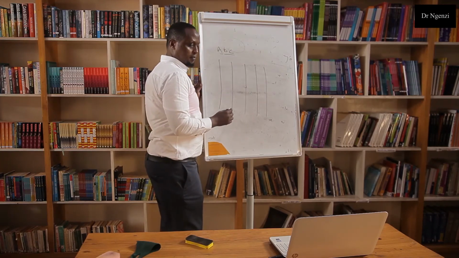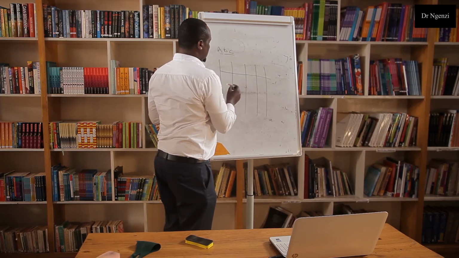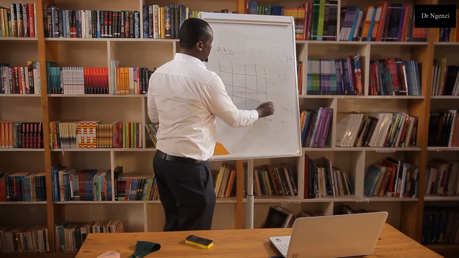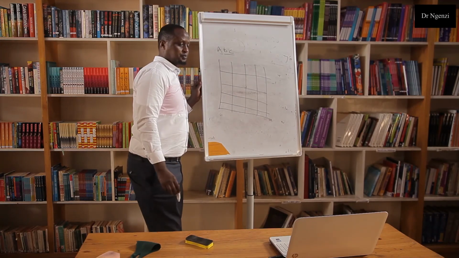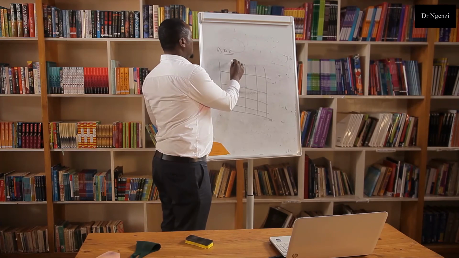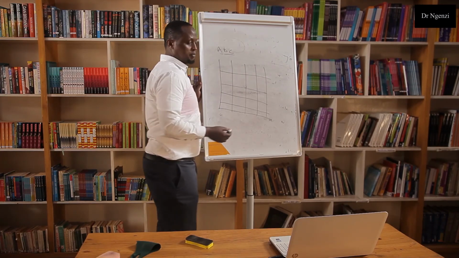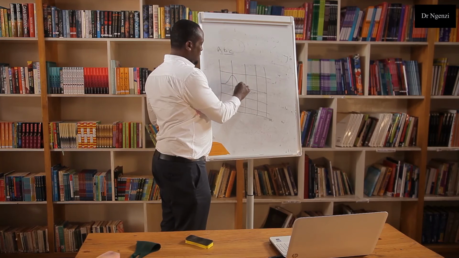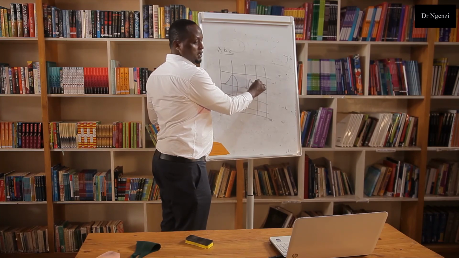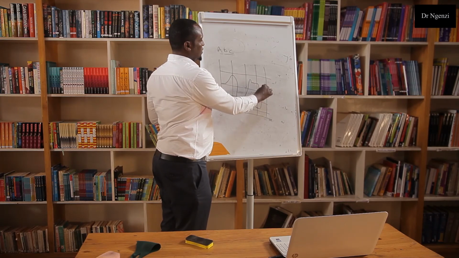Then you have some of the values here. Let us begin at this stage. The signal can move like this, then it goes like this, then it undergoes some change here, and so on and so forth.